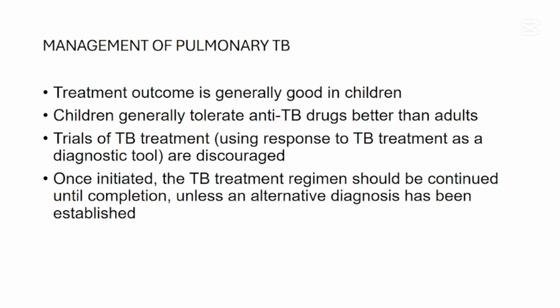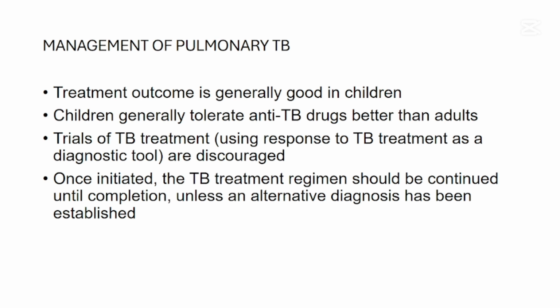So when we manage pulmonary TB, the treatment outcomes are generally good in children, and children generally tolerate anti-TB drugs better than adults. And what I have to specify here is, we usually do not give any trial of treatment in pediatrics in order to diagnose and stop halfway.